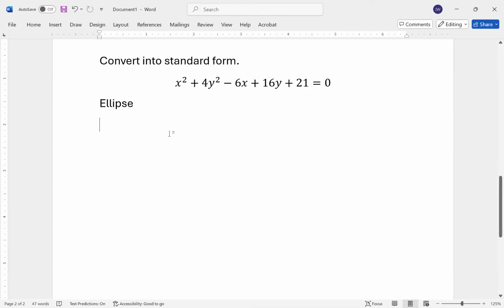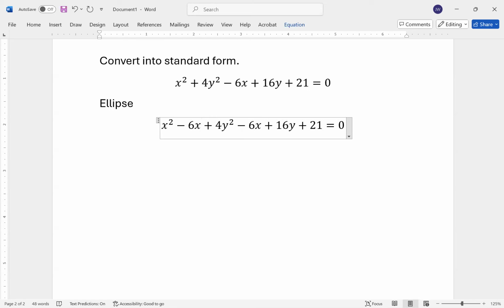Now, the way I would do this is I would take x squared and match it up with the minus 6x. So I'd put the minus 6x next to the x squared, and then I would leave a blank before I put 4y squared plus 16y plus 21.